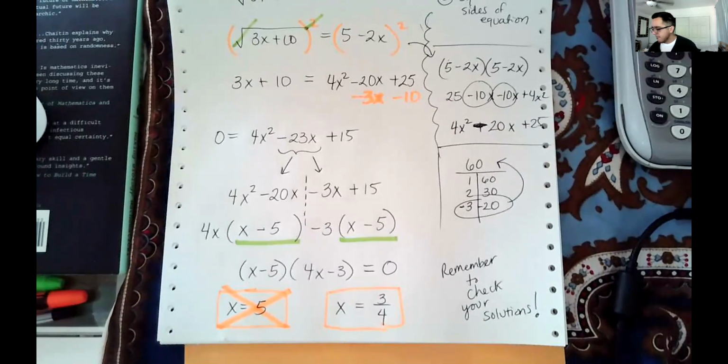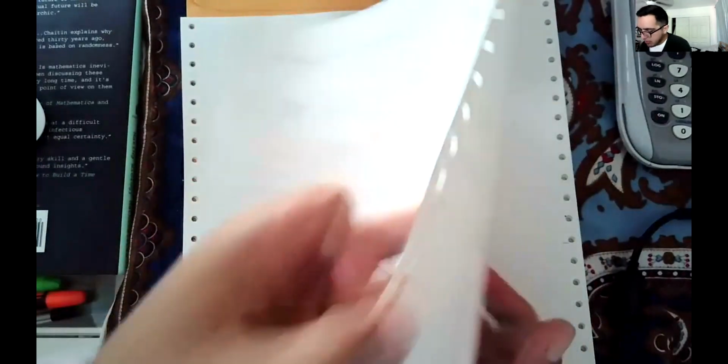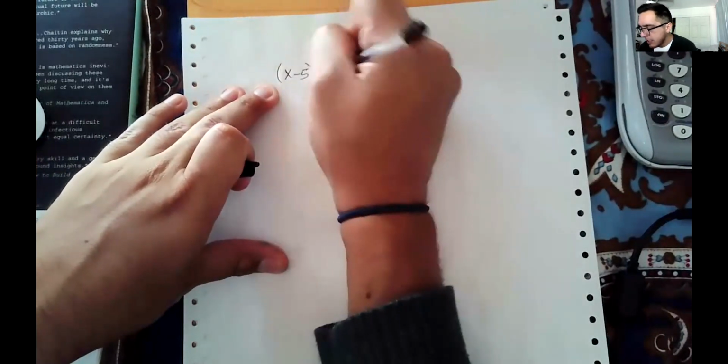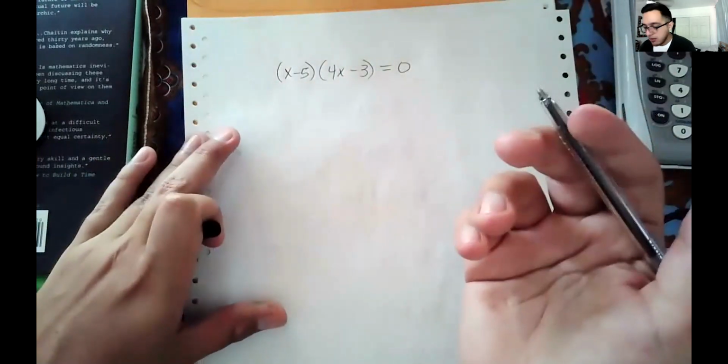How come the -3 becomes like a +3? Oh yeah, that's a good question. I just totally sort of breezed by that. But remember that you would get the 4x, right? At the end, we have our factorization x minus 5 and then 4x minus 3, right? And those are both set equal to 0.